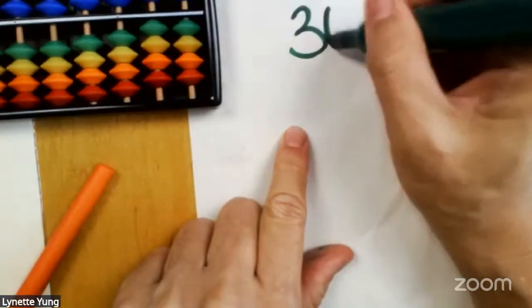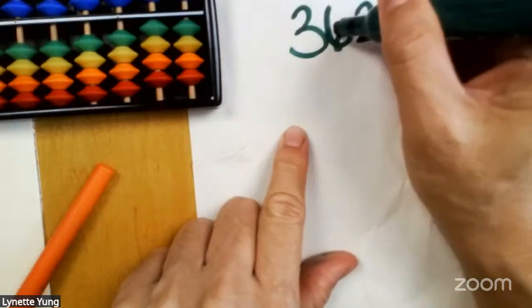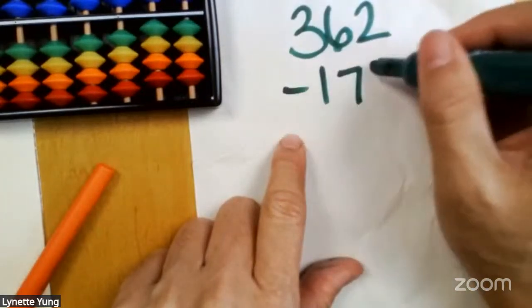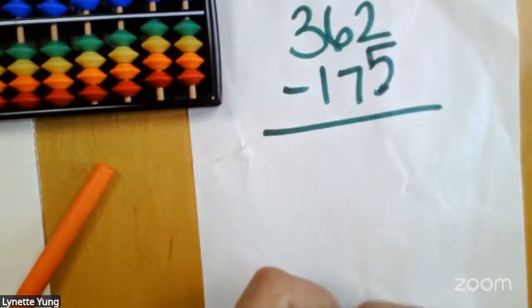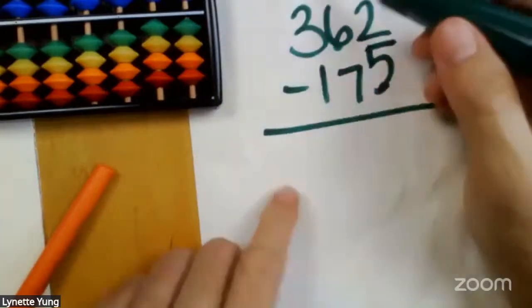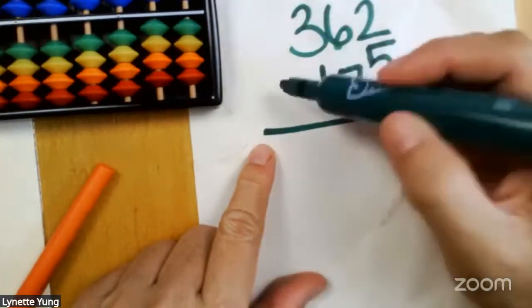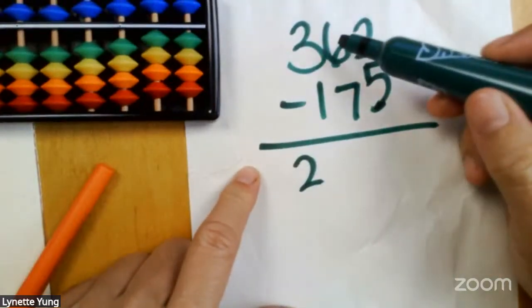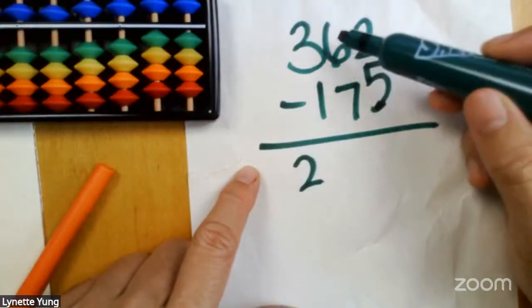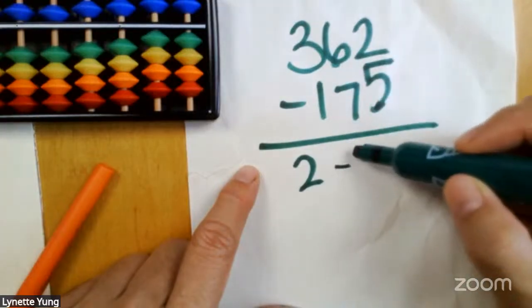So the new strategy that I found was 362 minus 175. Here, what they did is 3 minus 1 is equal to 2, not a problem. And then 6 minus 7 is minus 1.